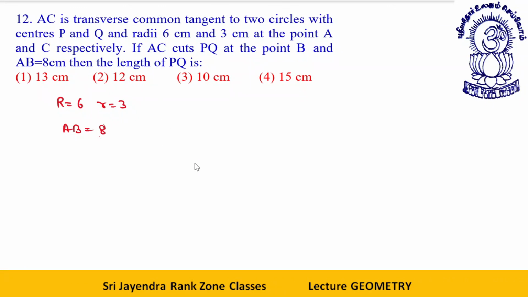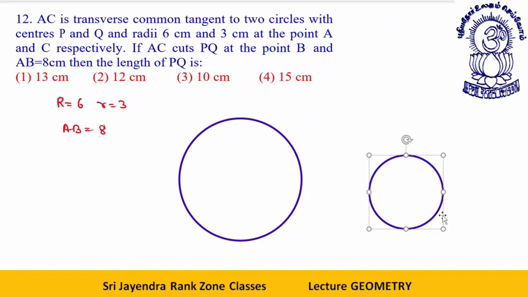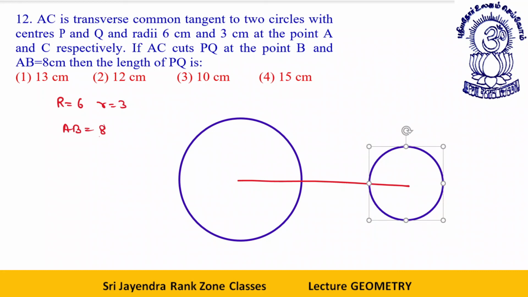So let me draw the two circles. One circle, I take another smaller circle now. The radii are 6 and 3. First, I join the centers of the two circles. Let me pull the circle a bit higher. Then I take a tangent line from here to here.